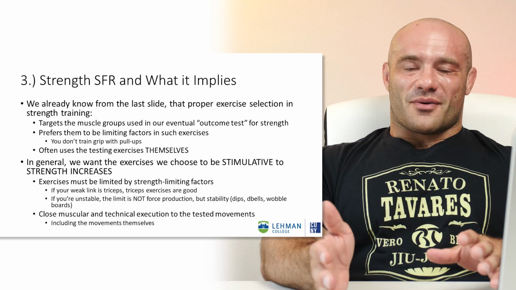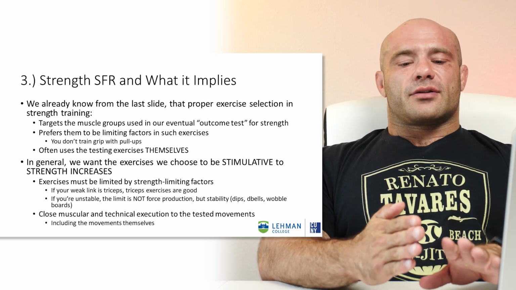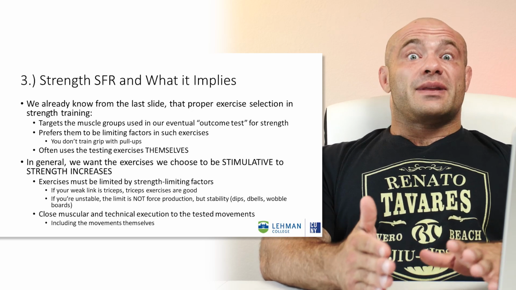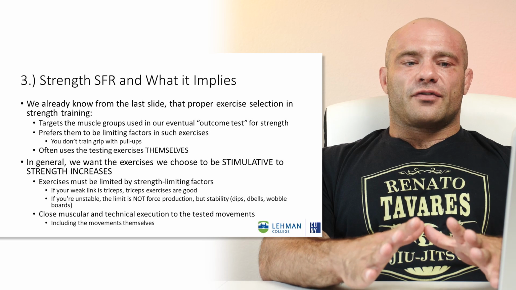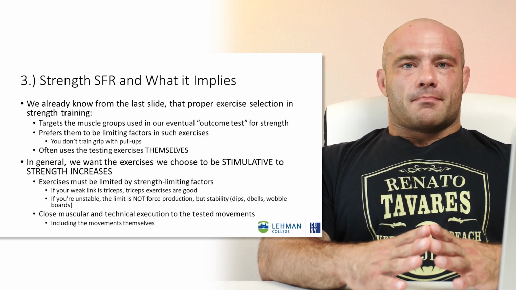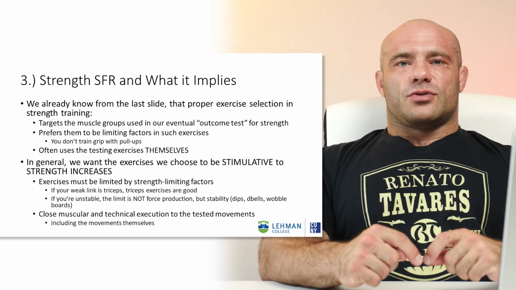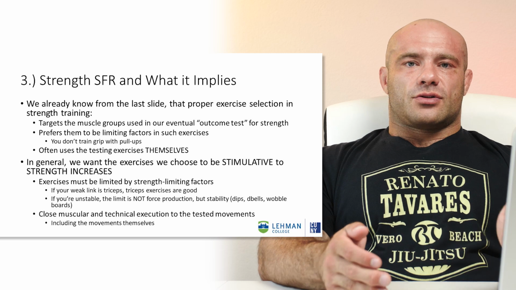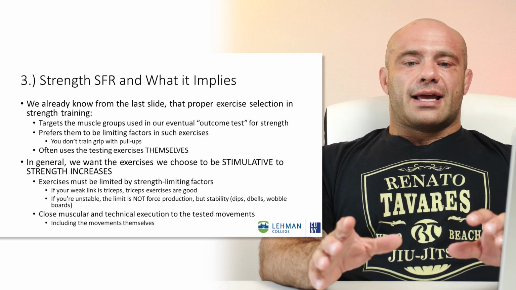Okay, pretty straightforward. We also want to make sure that not only are the muscles used, but they are limiting factors or can be limiting factors. For example, if you're saying, I want to really train my grip to get a stronger grip, and one of the exercises you're using is pull-ups, someone can ask you the question, okay, so on this last set of pull-ups, why did you fail?